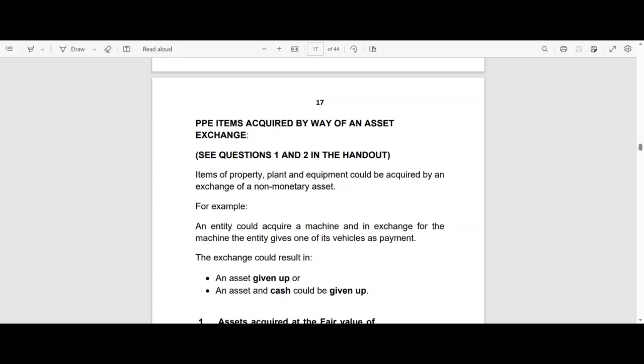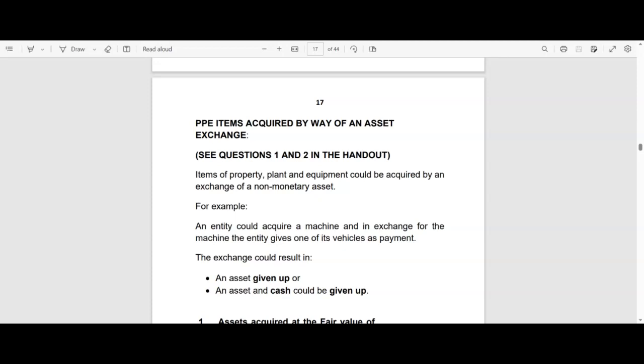So to make that journal entry, let's use our book of initial entry, a general journal. For the balancing figure, you've got the acquisition on the debit side, the disposal cost on the credit side, and the accumulated depreciation on the debit side. You've got the movement or payment of money on either the debit or credit side.